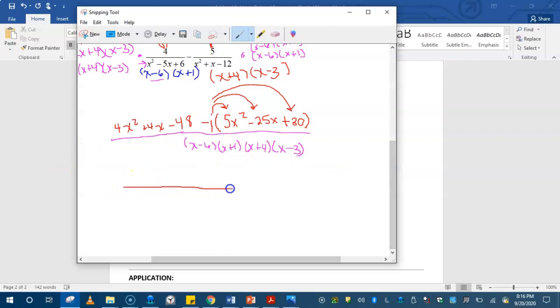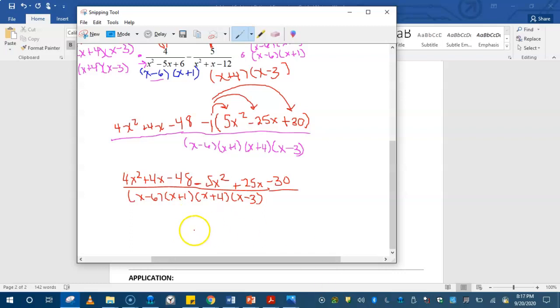So in the numerator, we have 4x squared plus 4x minus 48, minus 5x squared plus 25x minus 30, and it's over (x minus 6)(x plus 1)(x plus 4)(x minus 3).